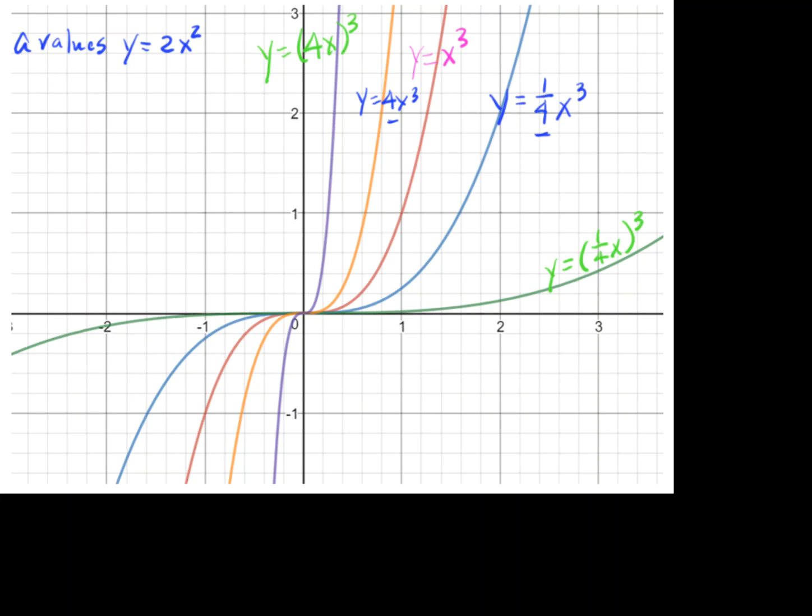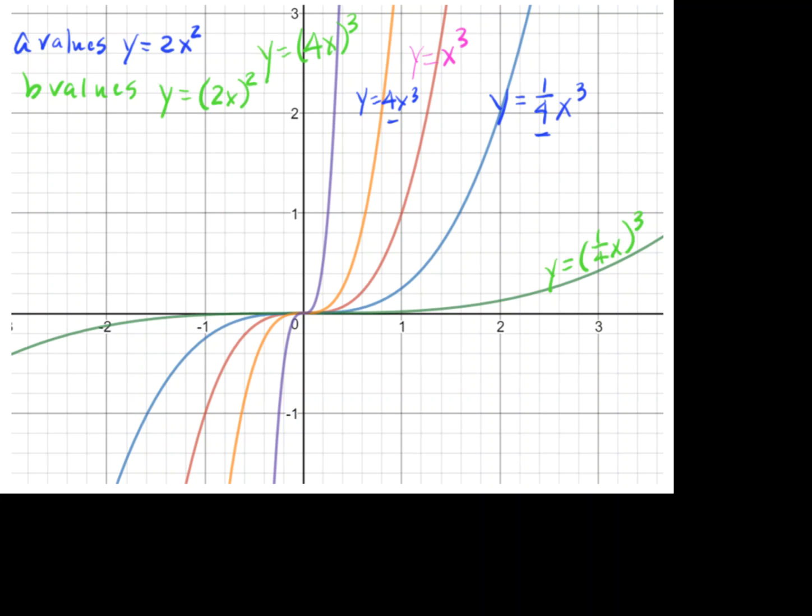Now, in green, the b values are values that are inside of the function, part of the function, that just multiply the x. So in a parabola, it's something like (2x) squared. I hope you understand the difference between those two, because there is a big difference.